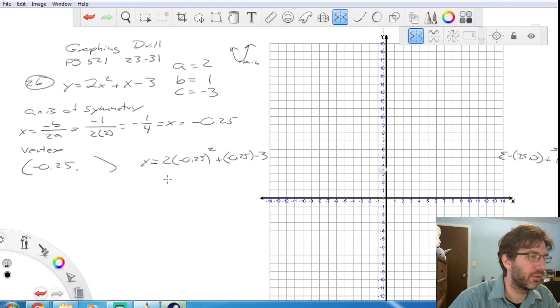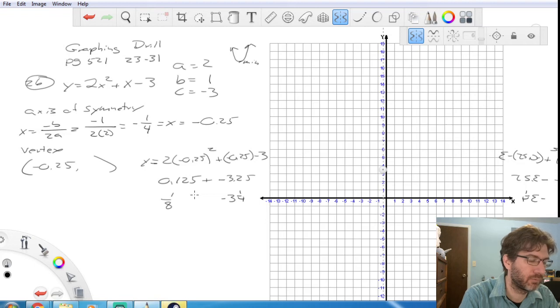And we're going to get 0.125, which is 1/8, if you're doing fraction-wise, which might be easier. Plus, what is that? Negative 0.25 minus 3 gives you negative 3.25, which, if you're doing fractions, is negative 3 and 1/4. Then we're going to add those, so plus 0.125.